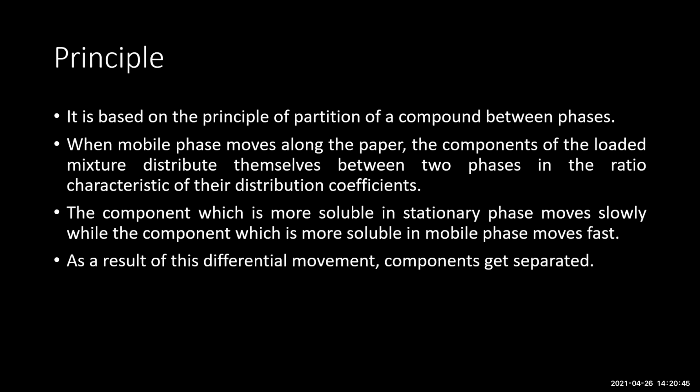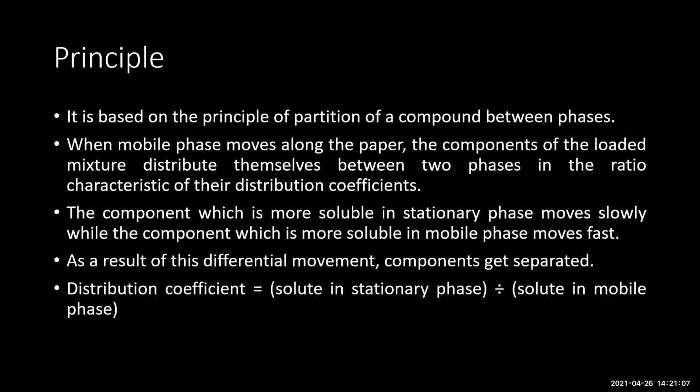Whichever molecules are soluble in the stationary phase will move slowly and separate out at the end. The components which are more soluble in the mobile phase will move fast and separate farther. As a result of this differential movement between the stationary and mobile phases, the compounds present in the sample get separated. Okay, so that is the principle.